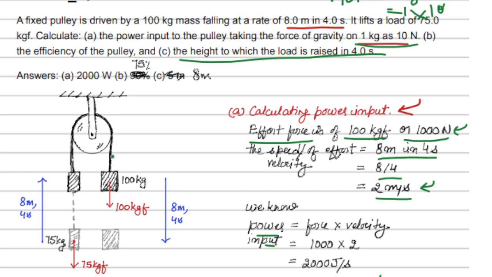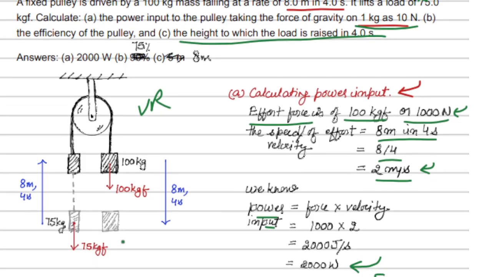If it is not, there is something wrong with that rope, right? It is stretching. So that should not happen. So in a single fixed pulley, this will be the case. The VR, velocity ratio, is 1, or the effort distance will be equal to the load distance moved.